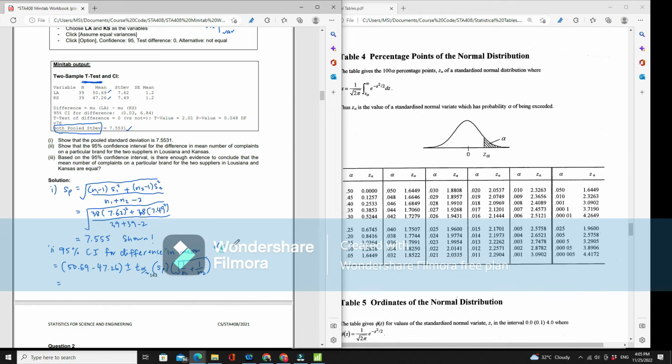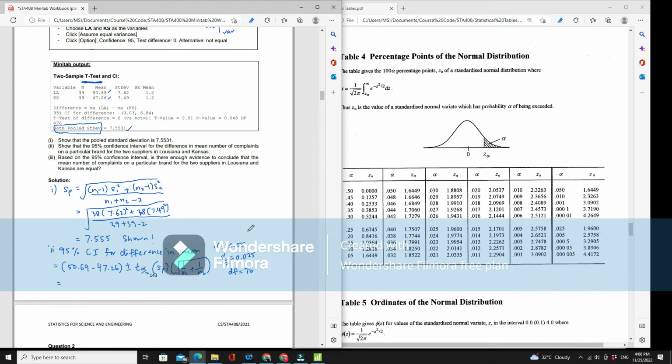Alpha equals 0.05, then alpha over 2 is 0.025. Degrees of freedom, n1 plus n2 minus 2, so 78 minus 2, 76.